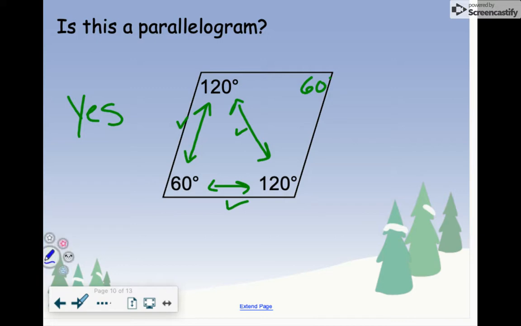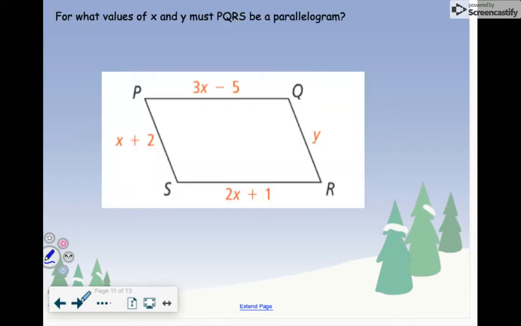So now we have two problems to work through and then get to the homework. For this one, it says, for what values of x and y must PQRS be a parallelogram? So you have to figure out what's going to make this true. We're going to start with these sides across from each other. To be a parallelogram, opposite sides are congruent. So I'm going to set 2x plus 1 equal to 3x minus 5.